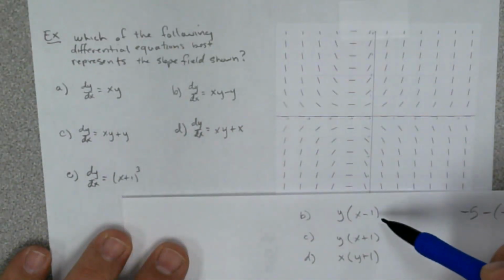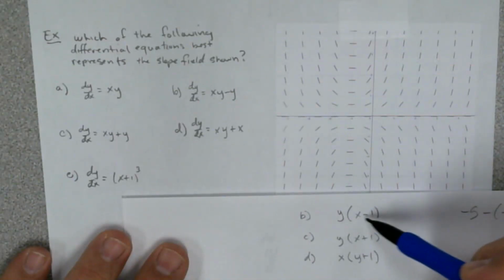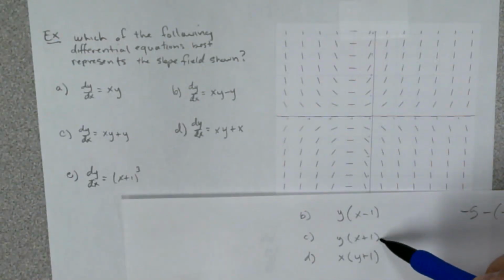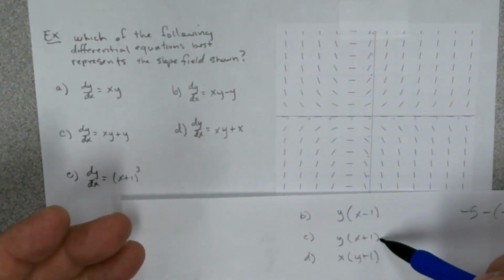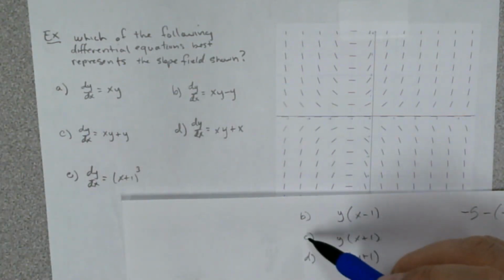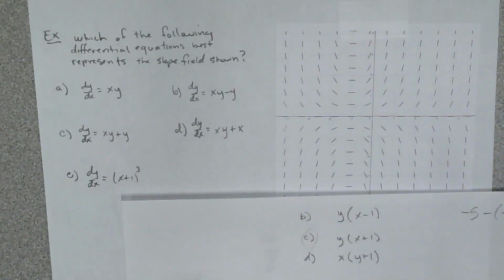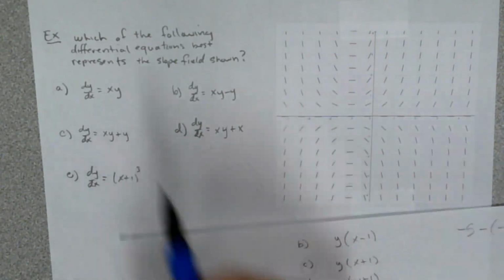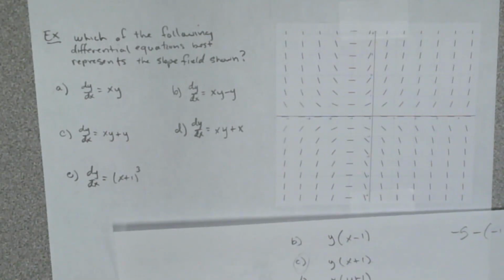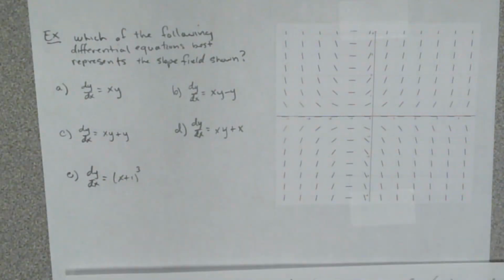When x is -1, that would be out because that would be -2. If x is -1, that's 0. See? And so already we have found the correct answer, C. C is the correct answer for this problem. And that's how you can find those things fairly quickly. All right?